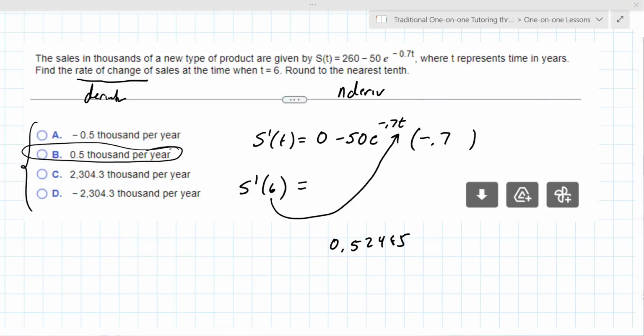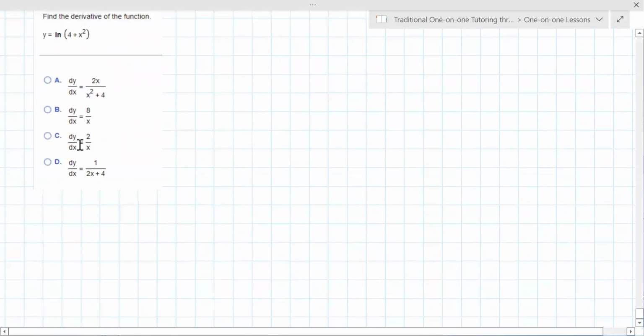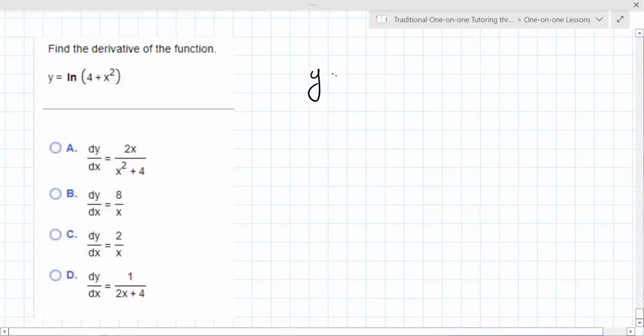Okay, here we go. Find the derivative of the function. So again, like a bunch of the other problems we've done here, the derivative of the natural log of u is always 1 over u, whatever's inside the parentheses, times u prime.